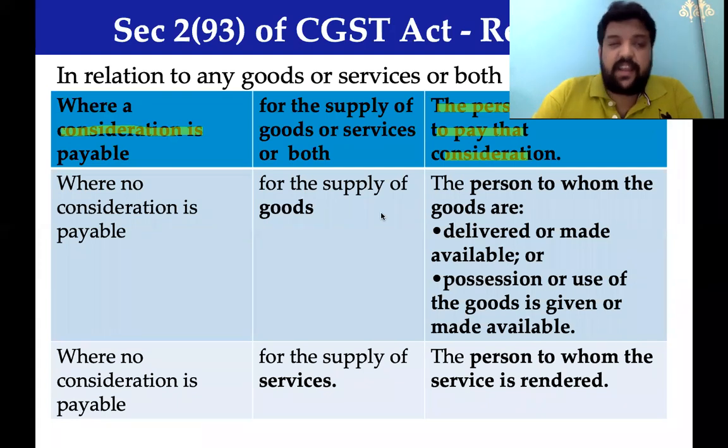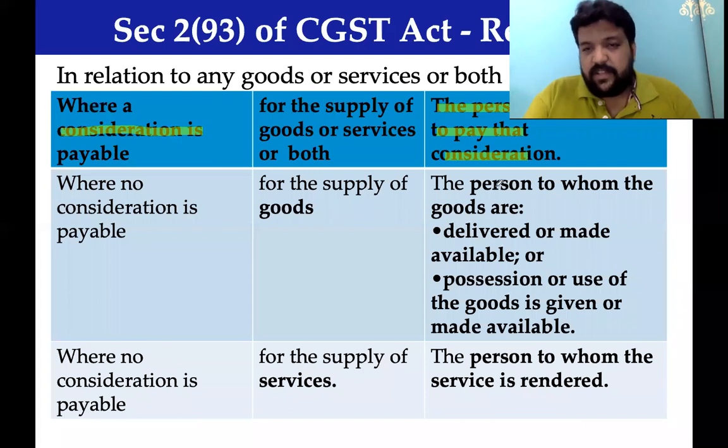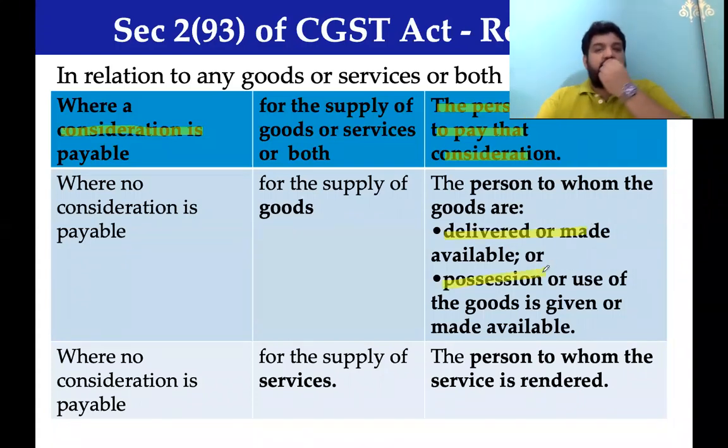Sometimes, rarely, there are people who will not pay consideration. In those circumstances, in case of goods, the person to whom the goods are delivered or in whose possession the goods are made available would be treated as the recipient.